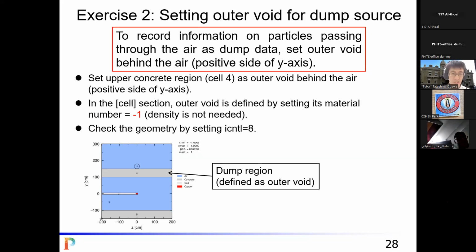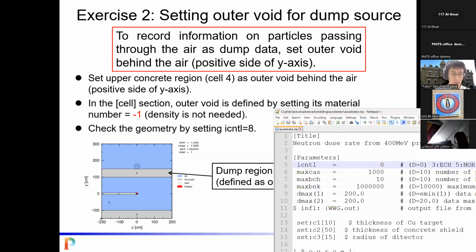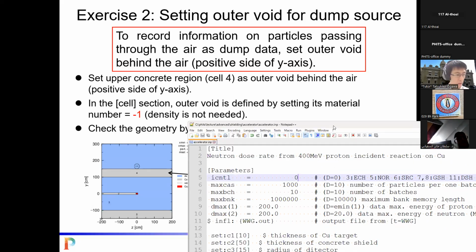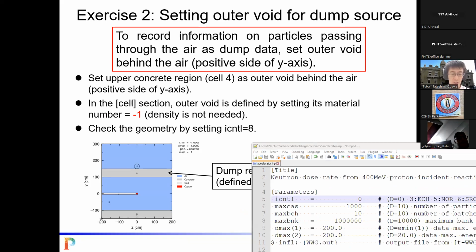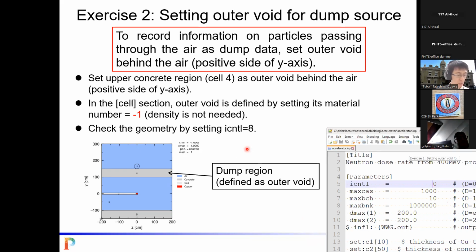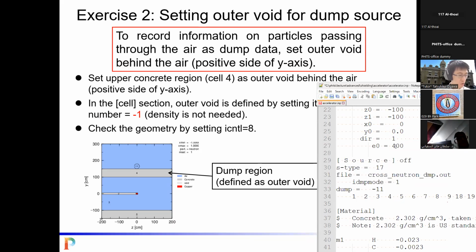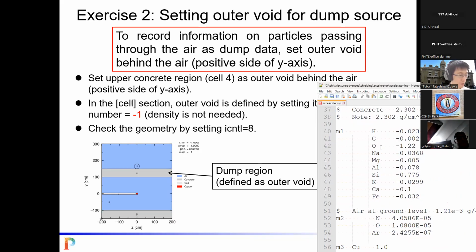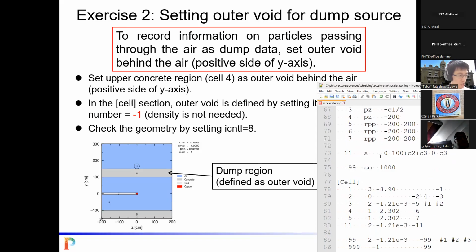All right, let's do this exercise together. In the input file, we are going to replace the concrete with the void. To do that, first, we change the icntl parameter to visualize the geometry and scroll down to change the cell definition.